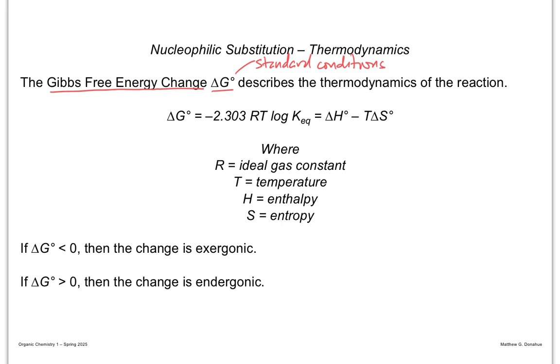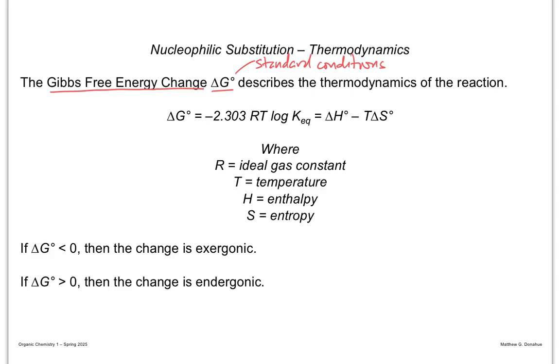So the delta G is more accurate overall for a reaction because you're considering more than just the energetics of bond making and breaking. So delta G is equal to negative 2.303 times the ideal gas constant times temperature times the log of the equilibrium constant.